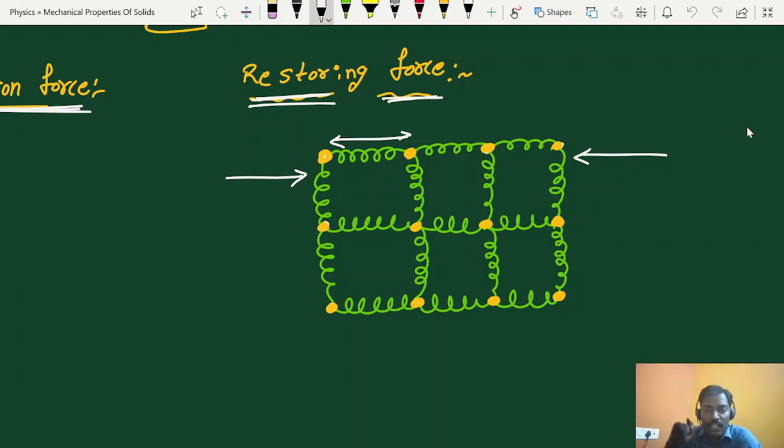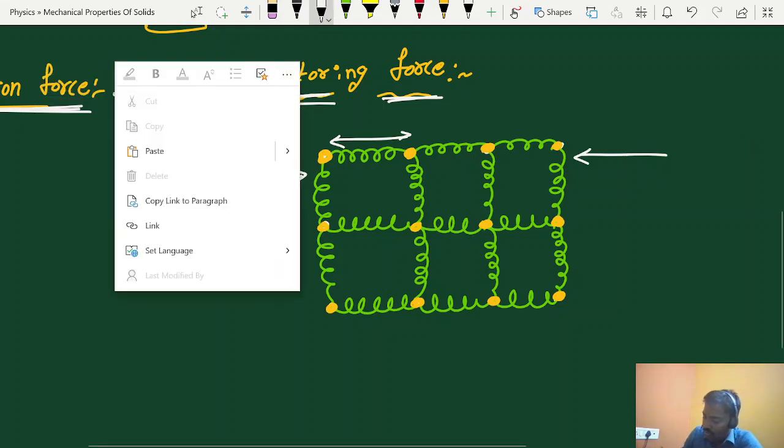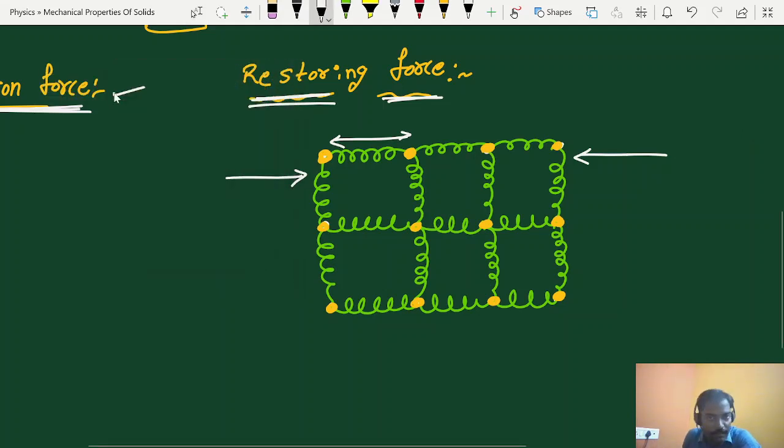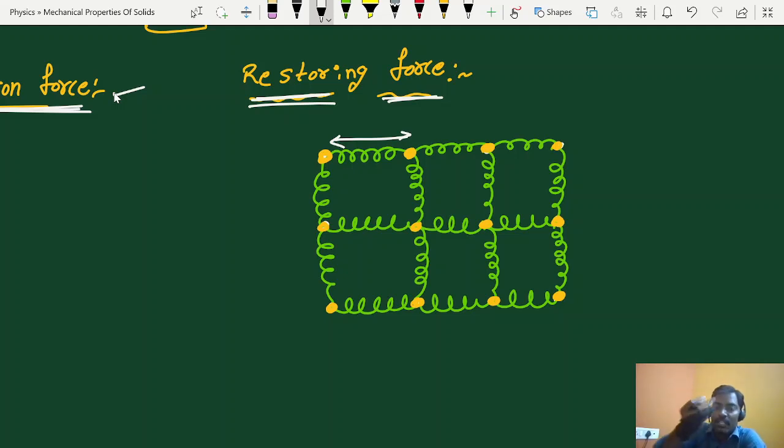In general, the atoms are in the minimum potential energy state. When we apply an external deformation force, the potential energy of the atoms either increases or decreases depending on the type of force applied. Once the deformation force is removed, the atoms or the particles are not at the minimum potential energy.